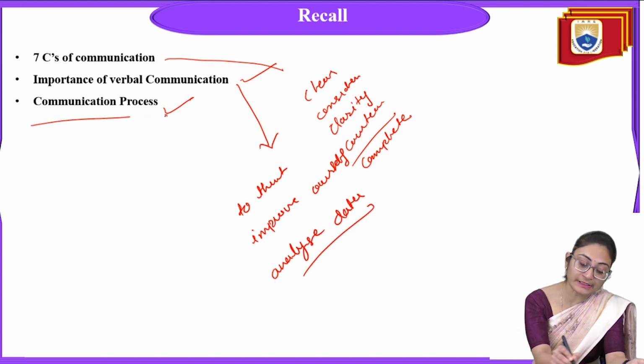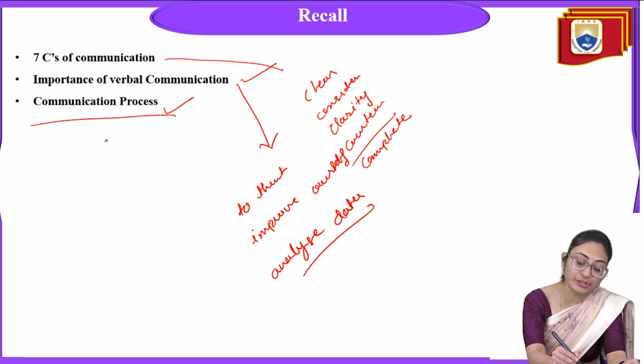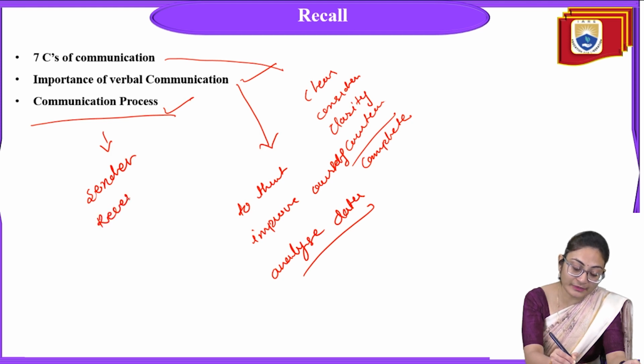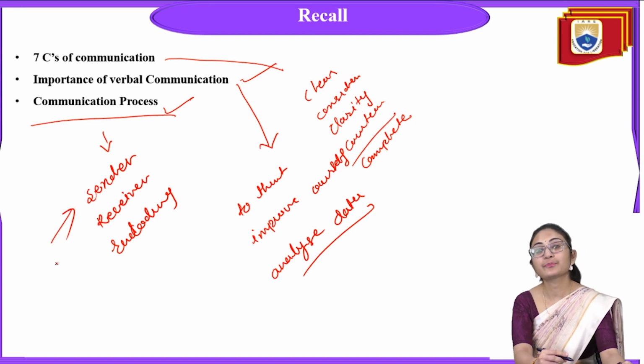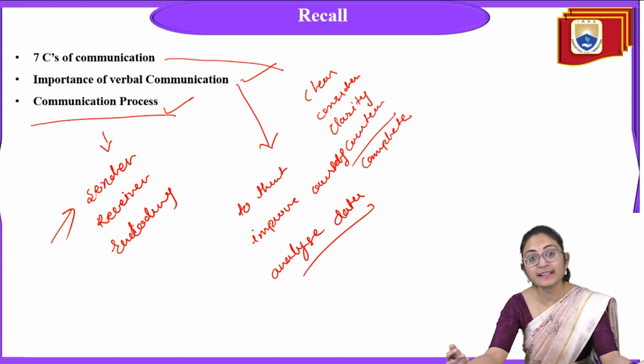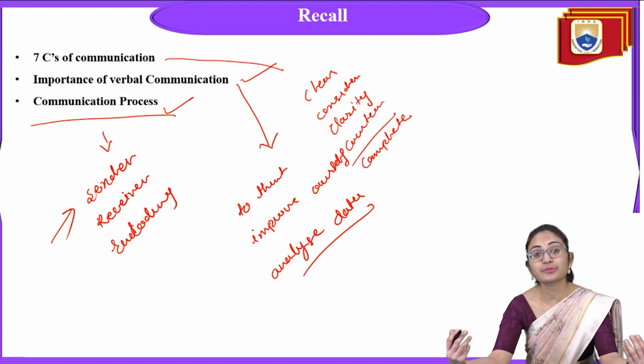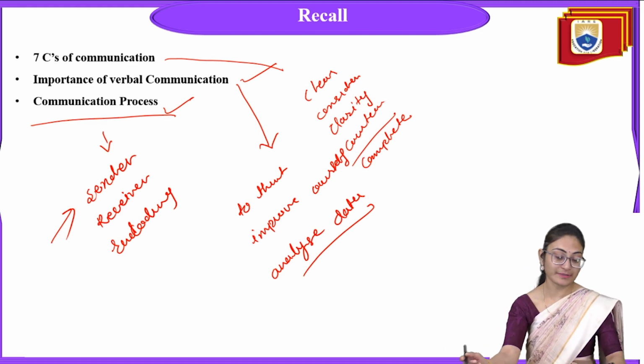Then after that we have seen the communication process, which contains components such as sender, receiver, and encoding. The sender will send the message, which should be very understandable for the receiver.